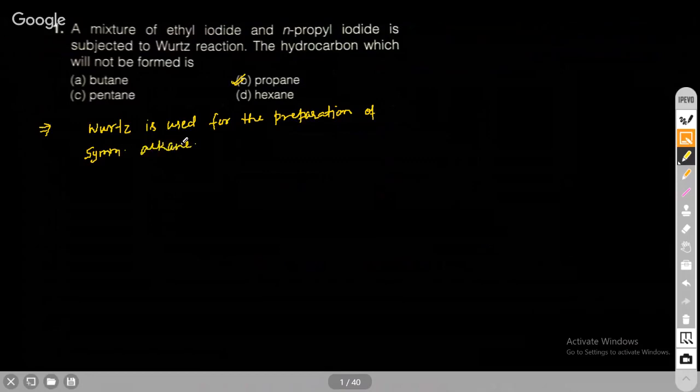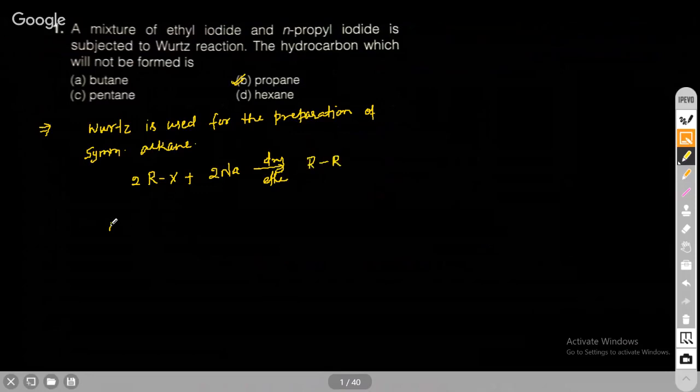It is the method for the preparation of symmetrical alkanes, and that is only possible when you take the same alkyl halide. Suppose we take 2 moles of RX, then 2 Na in presence of dry ether. Then the product will be R-R, right?